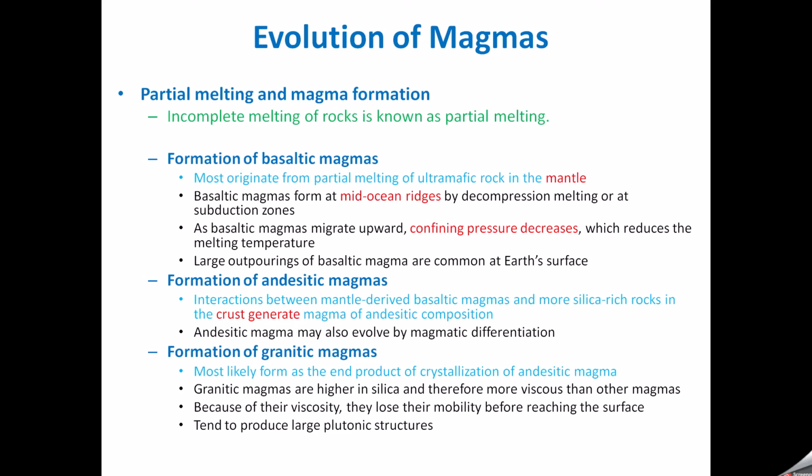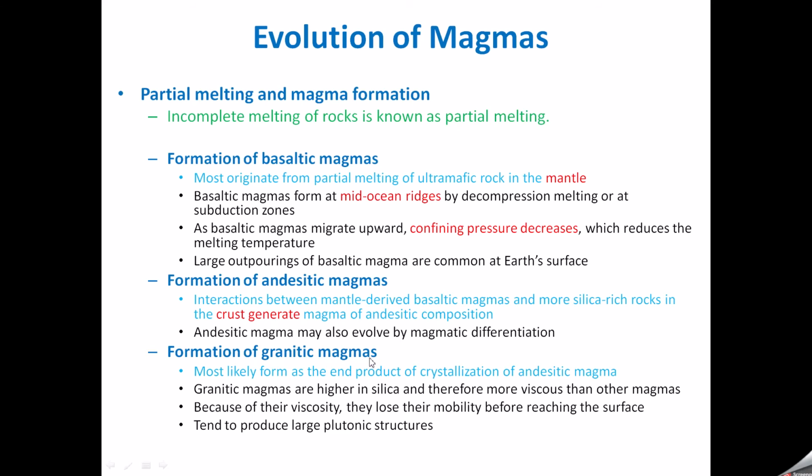We know crustal rocks are rich in silica, so this will change the composition of the magma from basaltic to intermediate. Andesitic magma may also evolve by magmatic differentiation. This is another option, which is one of the processes of evolution of magma.